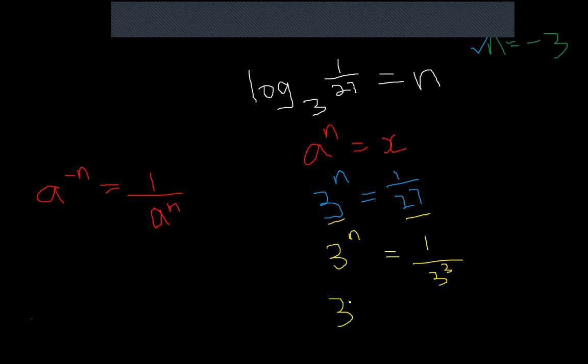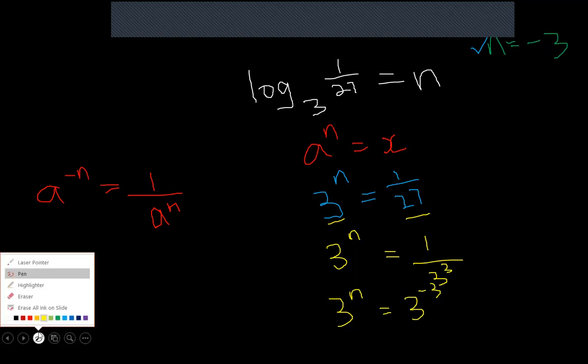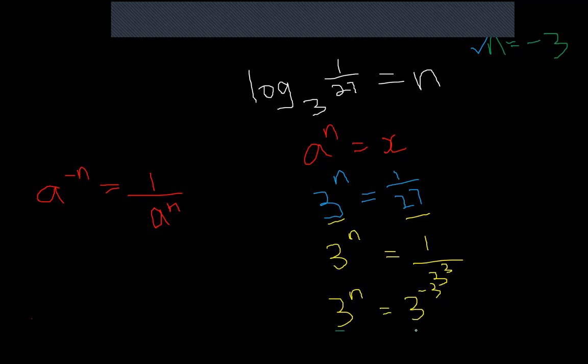I have 3 to the power of n is equal to, according to this rule, 1 on 3 cubed, which is the same as saying 3 to the power of -3. Now that I have the same bases, so I see 3 and 3 here, I can equate their indices. So therefore, n is equal to minus 3.